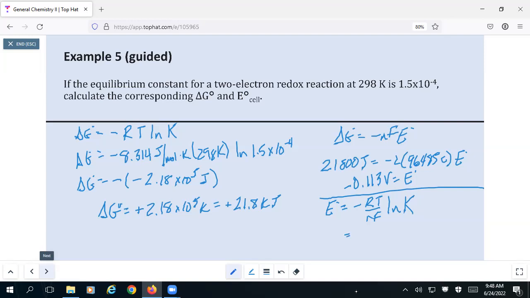Which, since we're at 298 Kelvin, would be using the shortcut here. You'd get the same negative 0.113 volts. Actually, I copied that equation wrong. It's positive RT over nF.